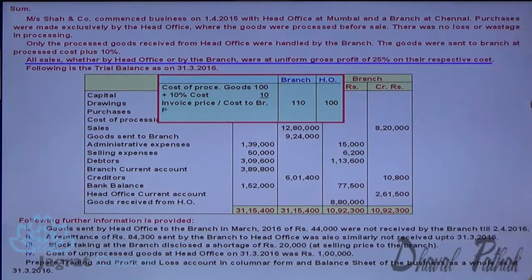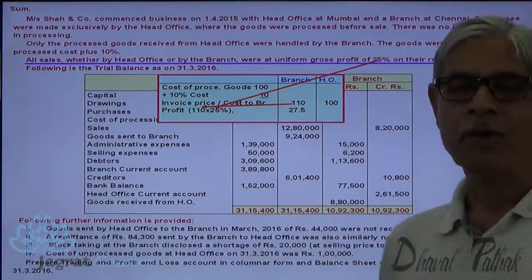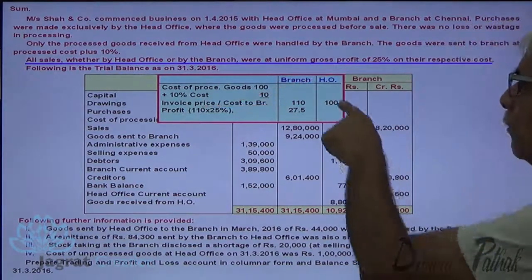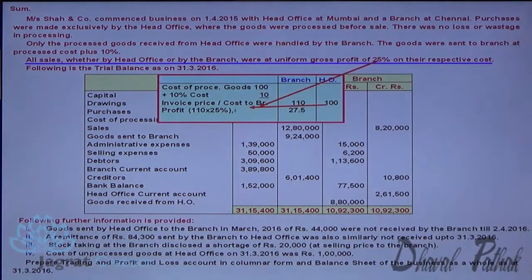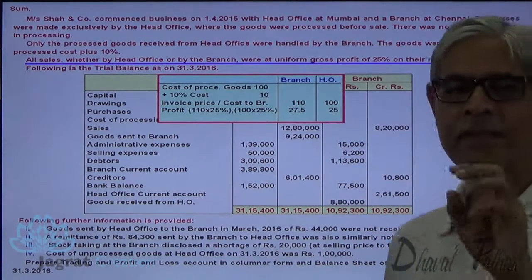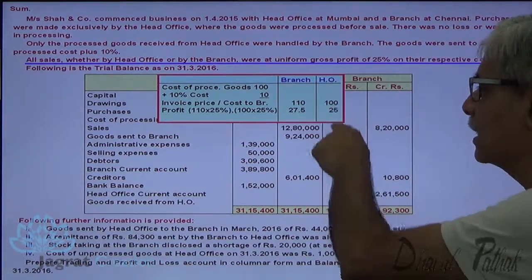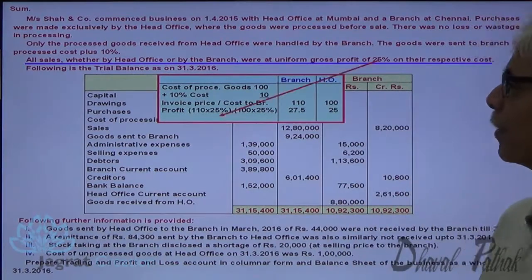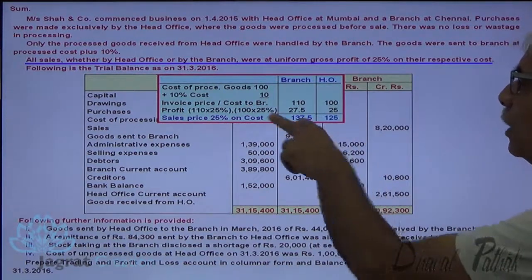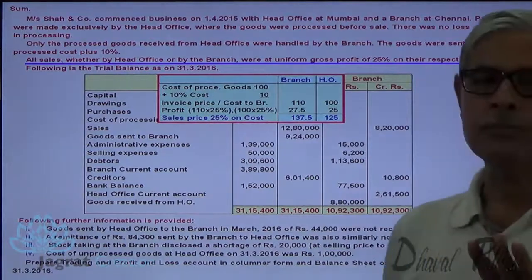So 25% is to be added. So 110 into 25%, so 27.5 is the profit charged by branch while selling the goods. While cost 100 into 25%, so 25 is the profit charged by HO. So when HO sells goods, it sells at a price of 125. When branch sells goods, it sells goods at a price of 137.5. This is how the sales price is being worked out.